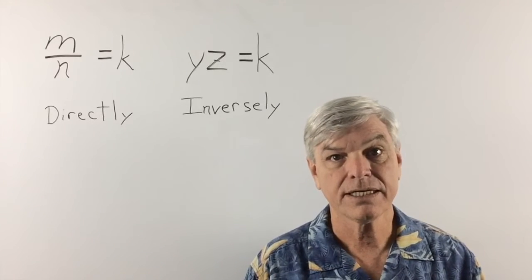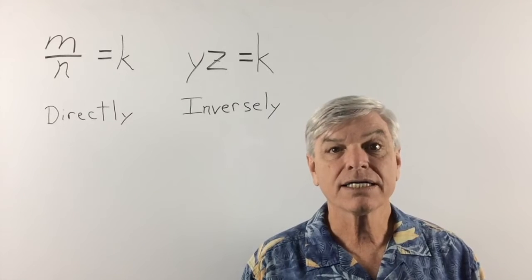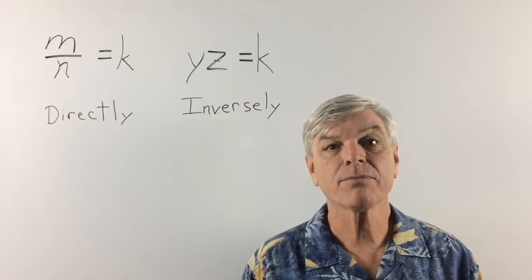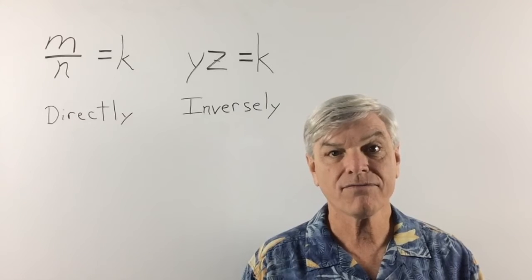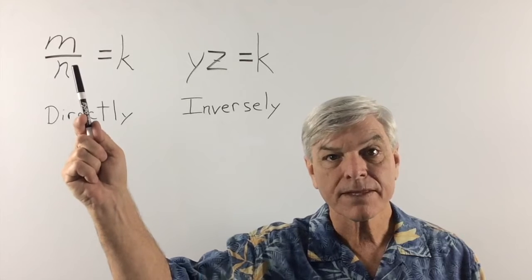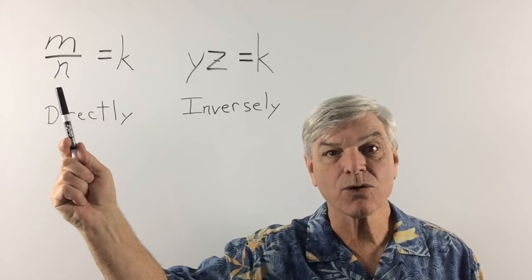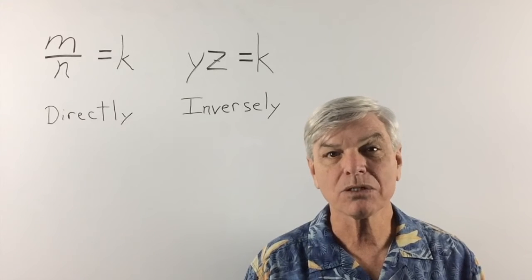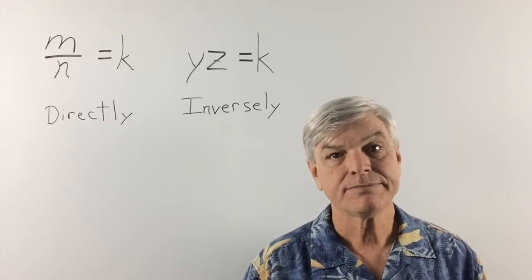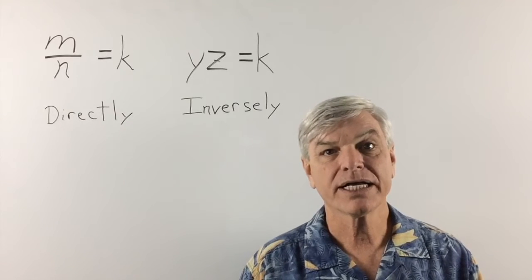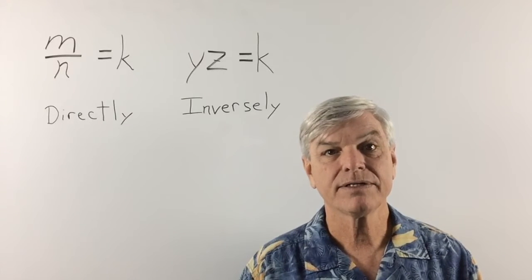Now with the direct constant, what we have is one variable over another. Therefore, the bigger M gets, the bigger N is going to get. And that sounds normal. The more you have of one thing, the more you're going to have of another. And we'll get into some problems that deal with that.